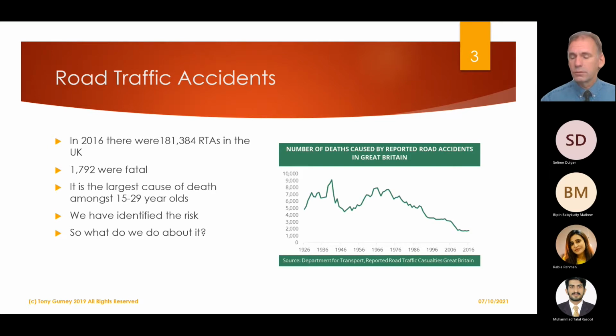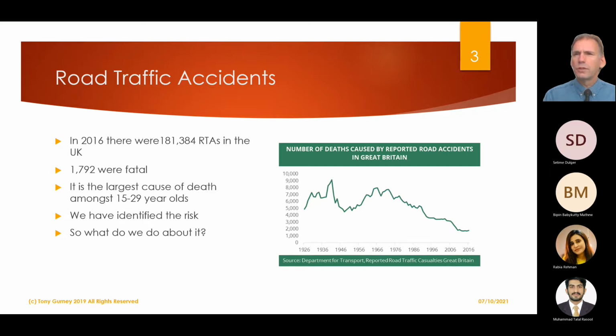Because road accidents are a huge risk. Five years ago, there were over 181,000 of them in the UK. Almost 1,800 of those caused fatalities. And for you guys, any adult under 30, it's the biggest cause of death.